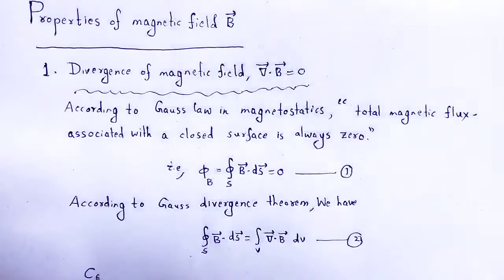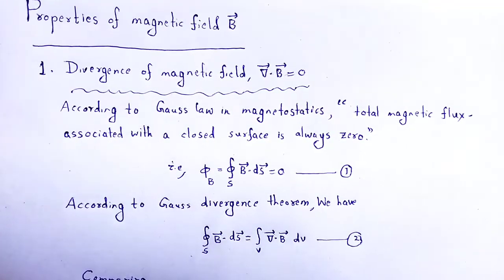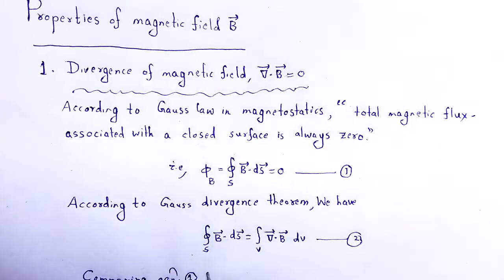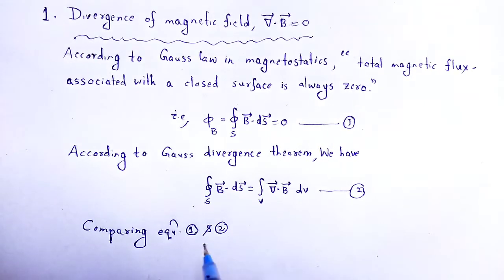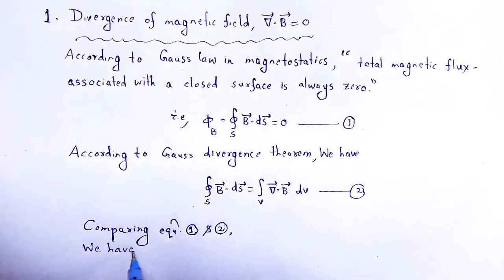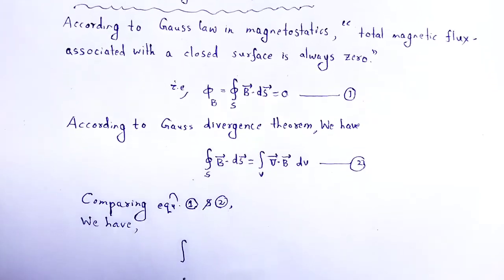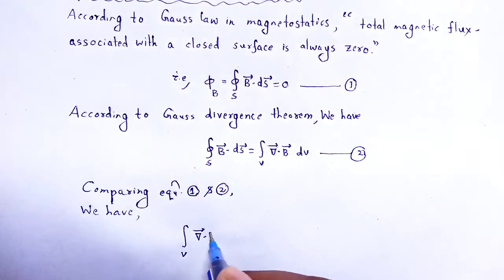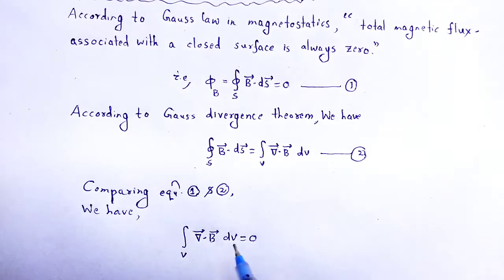Now comparing equation 1 and 2, we have volume integration grad dot B dV is equal to 0.